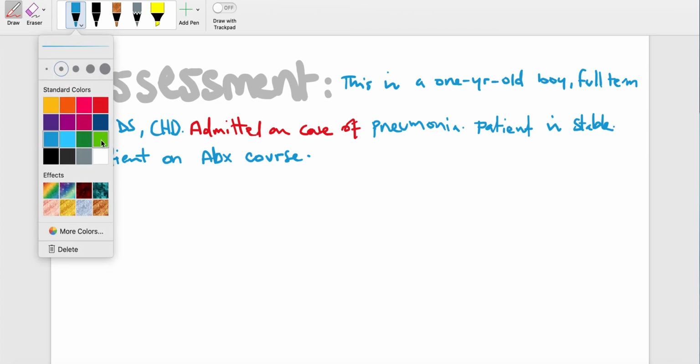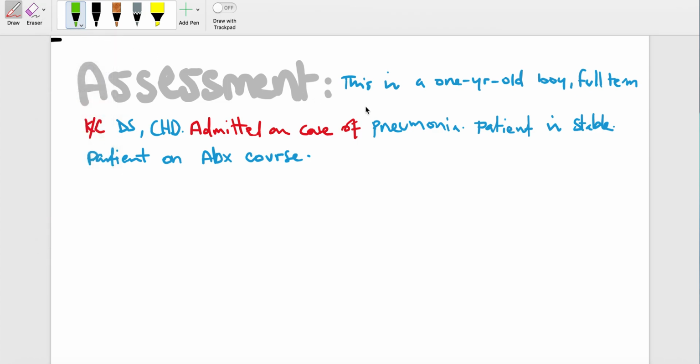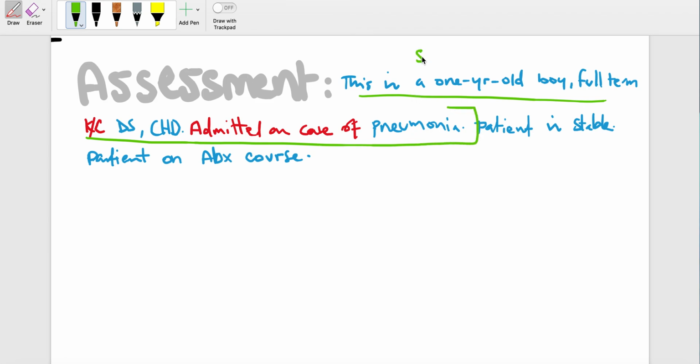As we said before, this part is from the subjective, okay? And then this part only describes our objective, okay? So only 3 words.